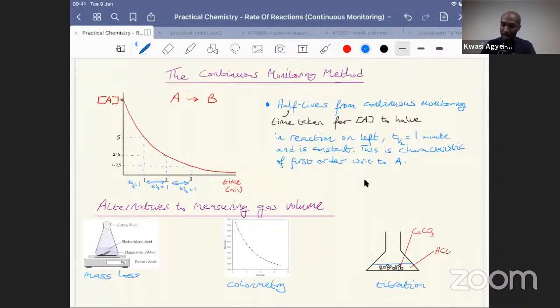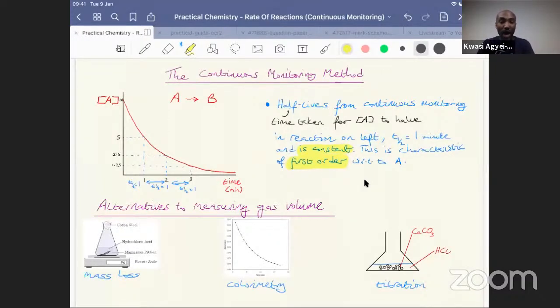So whenever you've got a concentration time graph and you measure the half-life for your reactant, if this is constant, so there's no change in the half-life as your concentration is halved, then you've got a first order reaction with respect to that reactant. Okay, so very key piece of information.